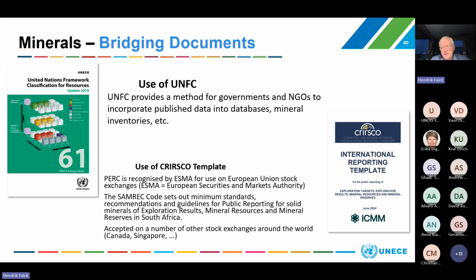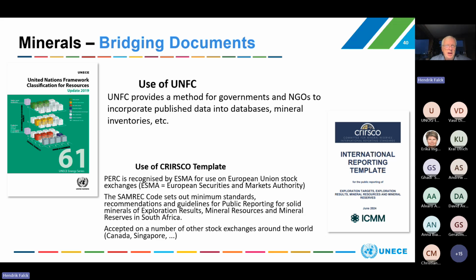UNFC is a generic classification system. It's for a lot of different resources, whereas the CRISCO template is a resource for how to report to a stock exchange for minerals. It's quite specific about which resources it's used for, and it has a very specific purpose, whereas UNFC has a broader mandate and is much more widely used by governments to classify their mineral inventories.